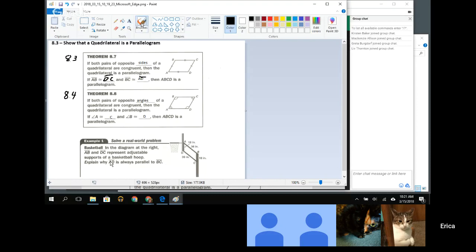So again, same theorem that we learned in 8.2, but it's just the opposite theorem. So that's always nice when they're the same theorem, they mean the same thing. It's actually pretty easy to do, right? I think so.